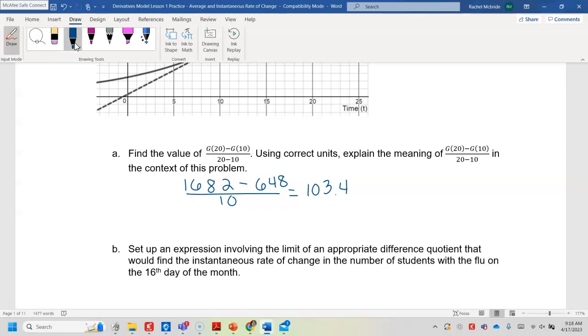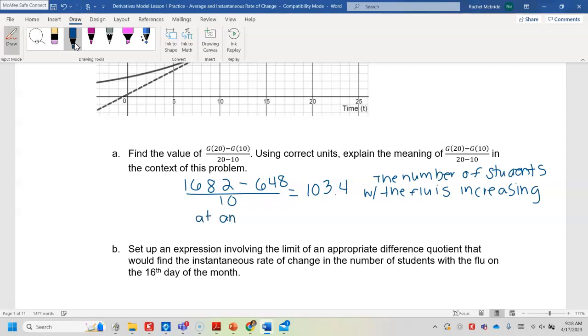So what that means is that that represents a slope, right? So the slope is positive. If you have a positive slope, then it is increasing. So we would say that the number of students with the flu is, and again, keyword, increasing at, and what did we call this?